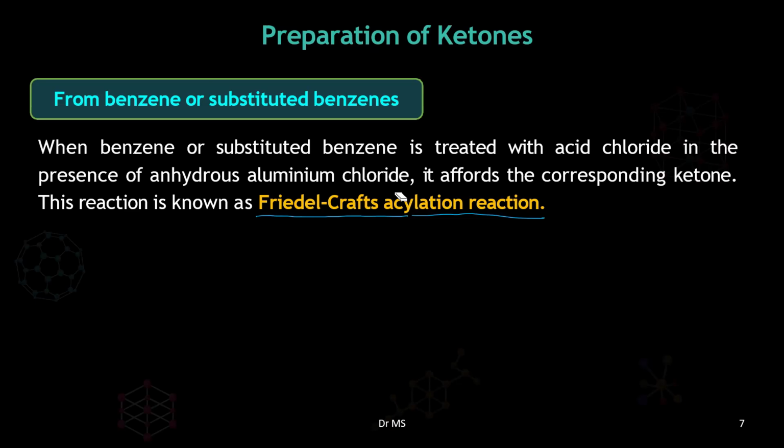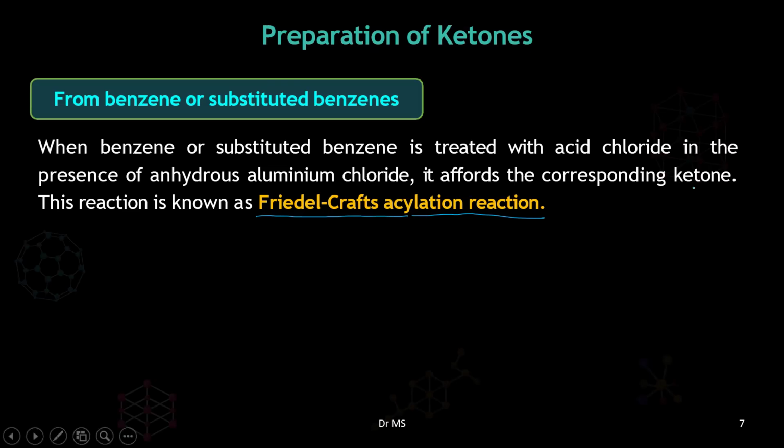It will give a ketone. Whatever type of benzene you take, that type of ketone it will give. If you take a substituted benzene, it will give a substituted ketone. Understood? Very simple. That's it.